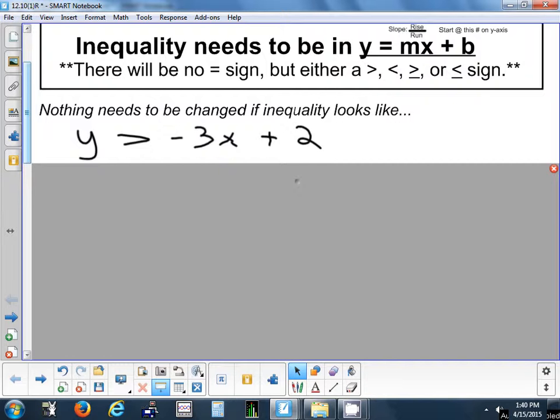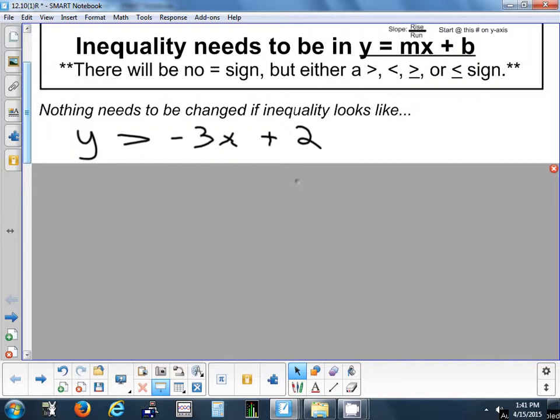Nothing needs to be changed if the inequality looks like this: y by itself with the inequality sign, then your x, and then just your number. Nothing at all. So you want to write this inequality down as an example.